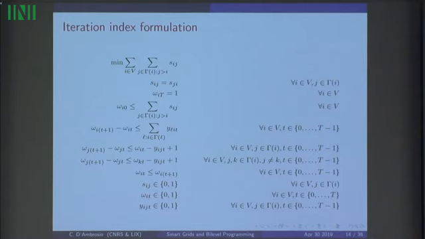Because you need at least one PMU in order to observe something, and at iteration 0, if you have one PMU, you will observe 2 nodes. And so you will need at most n minus 2 iterations in order to propagate the observability.